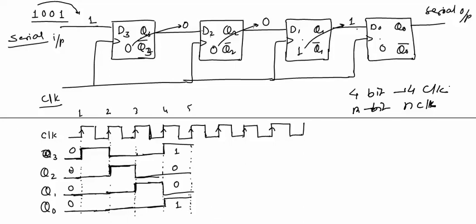Now if we want to take all the bits out, we'll again apply the clock pulse, and this data 1, then 0, then 0, then 1 will be taken out serially at its output.